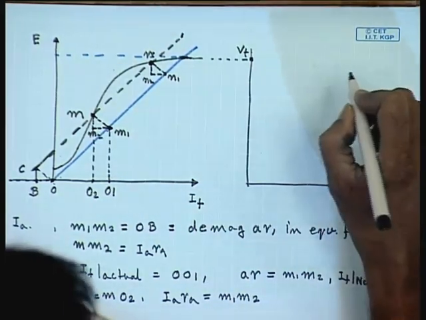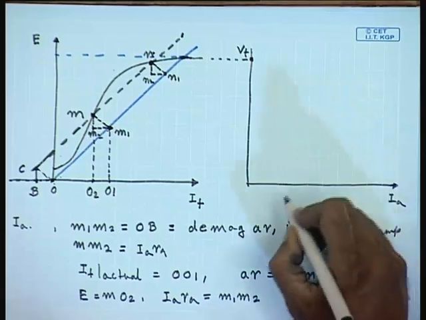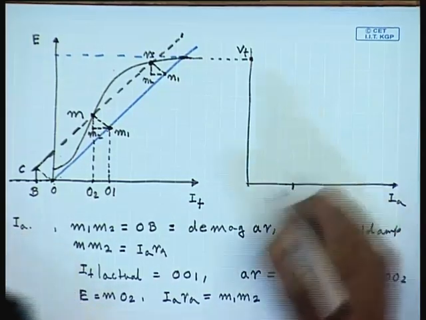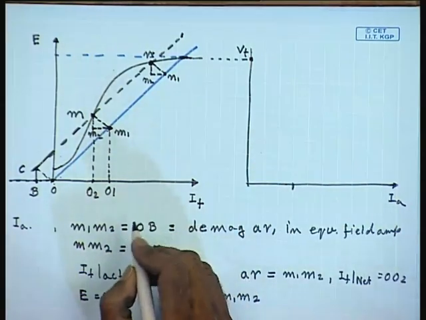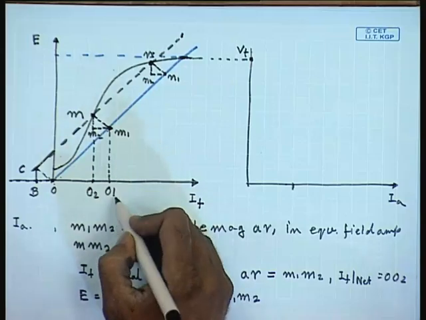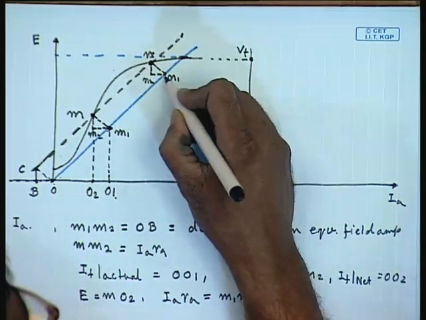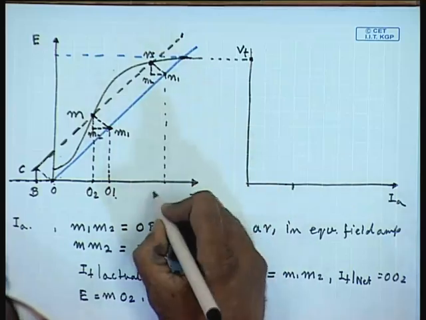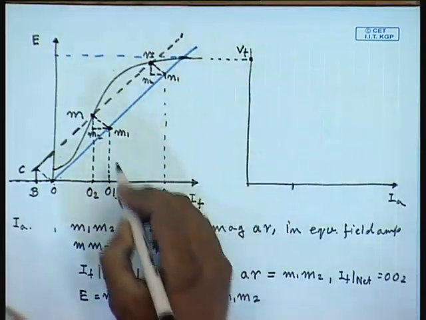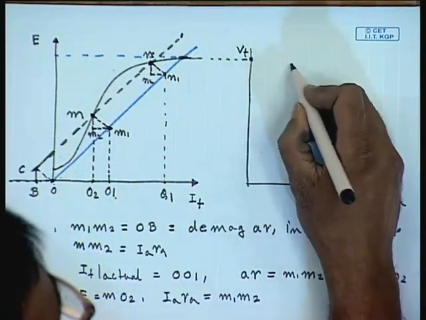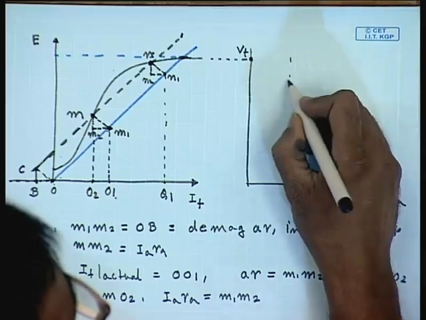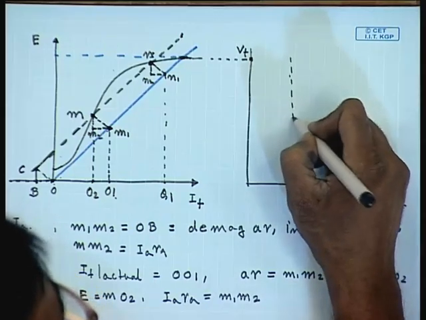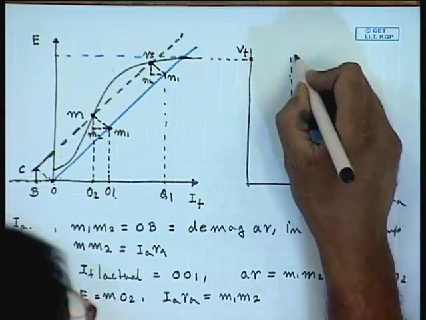Therefore, corresponding to a field current of IA, there will be two terminal voltages given by O1 M1 and Q1 N1. So, these points can be now drawn on the external characteristics.